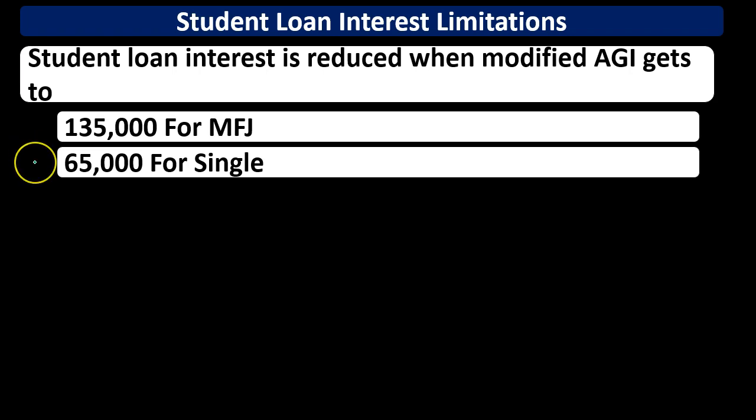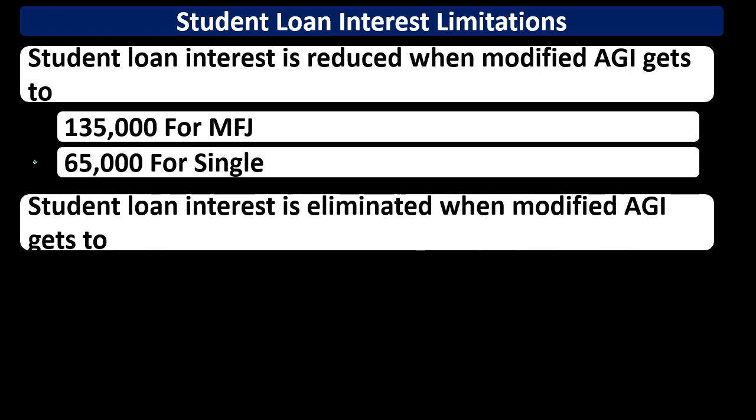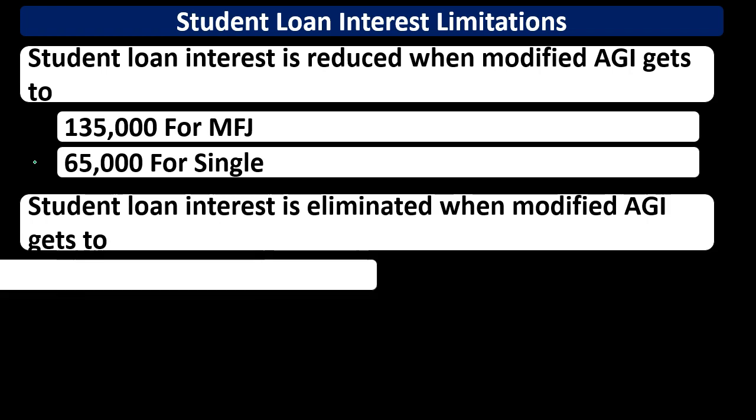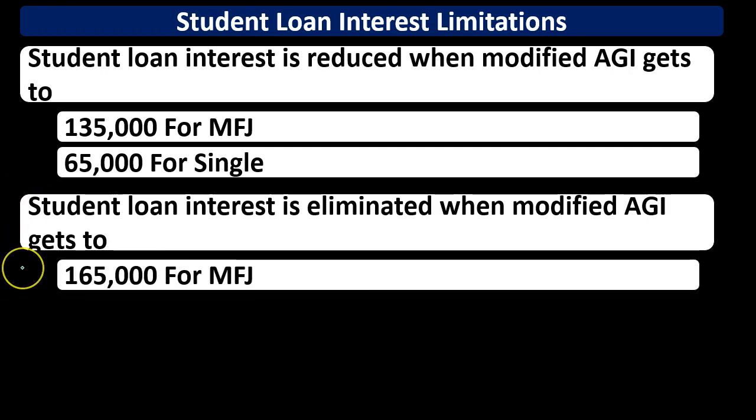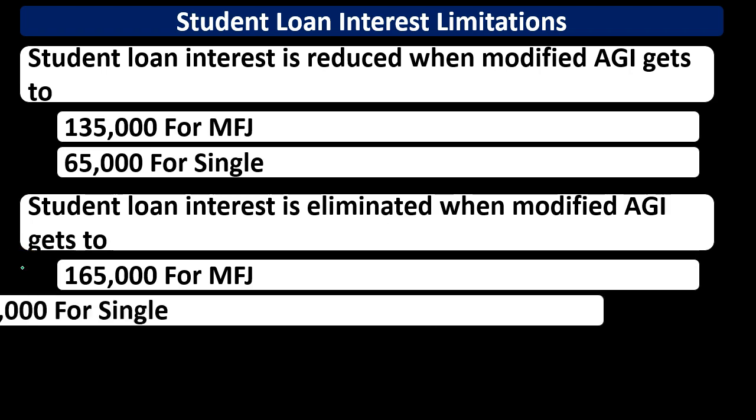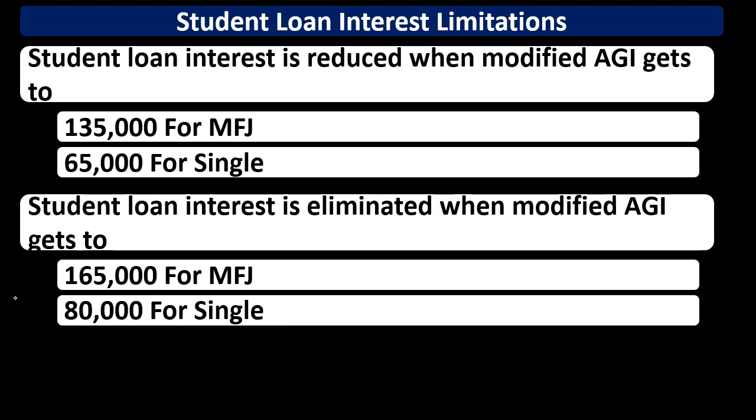So for filing status as single, 65,000. Student loan interest is eliminated. So now the question is, when does it go away entirely? It'll go away entirely at $165,000 married filing joint and $80,000 for single.